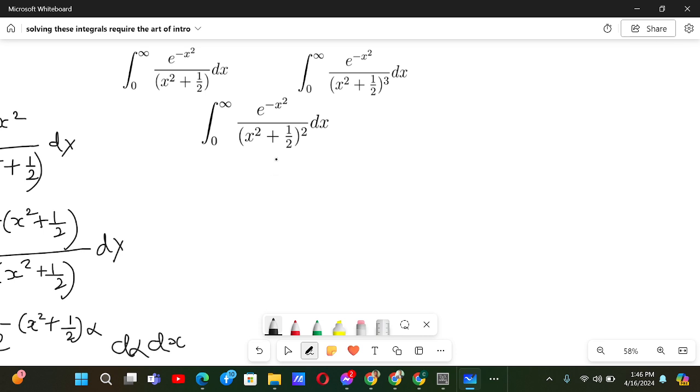The way is that now we are going to use the gamma function.